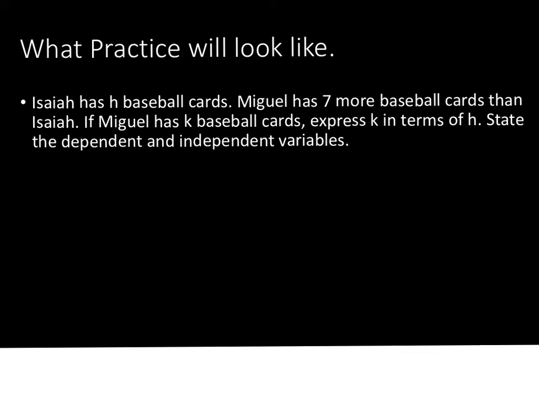So here's what your practice is going to look like, and then you're going to try this yourselves. It says Isaiah has H baseball cards. Miguel has 7 more baseball cards than Isaiah. If Miguel has K baseball cards, express K in terms of H. State the dependent and independent variables. So first of all, if we're going to write how many baseball cards Miguel has, he has 7 more than Isaiah, and Isaiah has H. So that would be H plus 7.